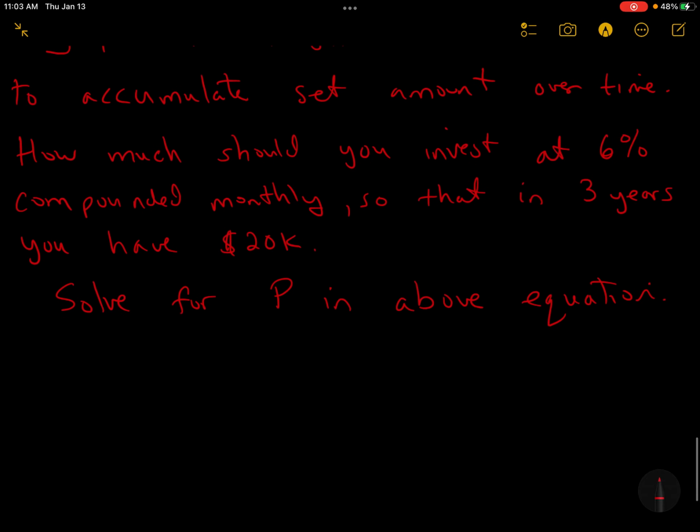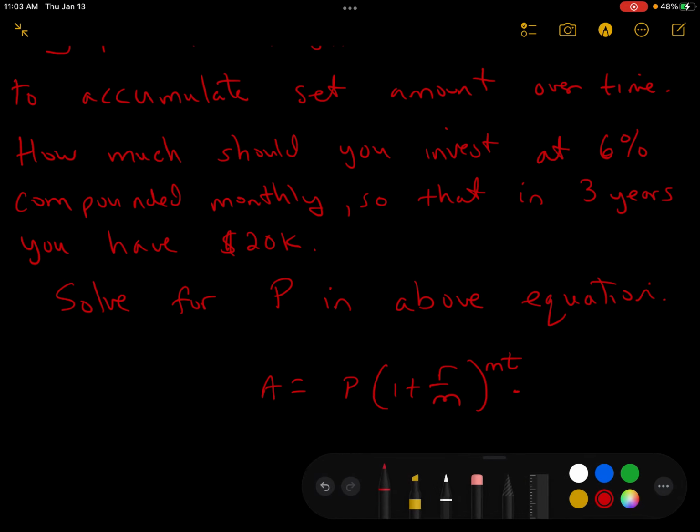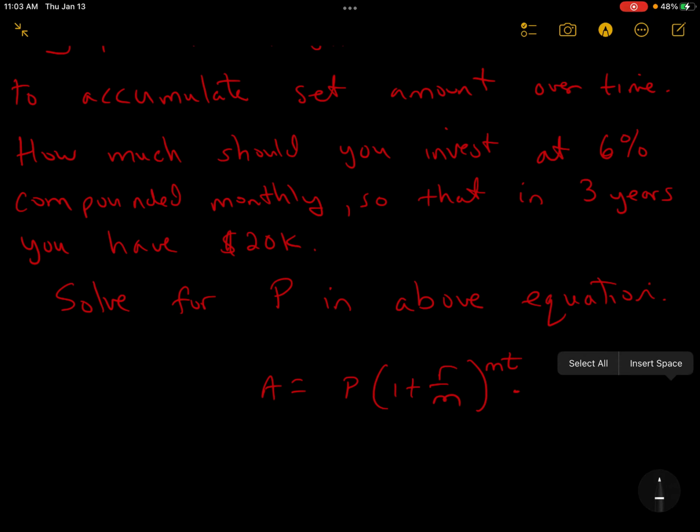Okay. So here's some fun math here. We have A equals P times 1 plus r over m to the mT. So if I want to isolate the P, you can divide by 1 plus r over m to the mT, or multiply by, this is the better way to do it, 1 plus r over m to the minus mT, right?